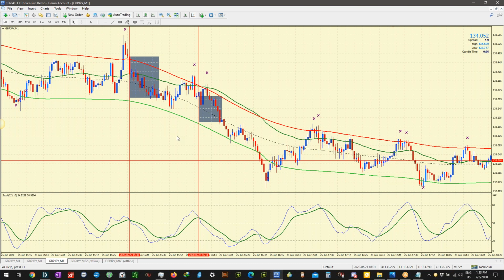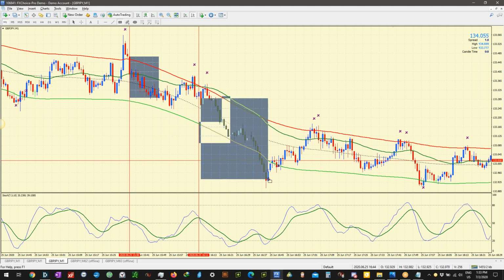Number 2 could have been up to here. Number 3 could have been down to here. It's another winner. Now, exits: you could have exited when it went down and it reversed.